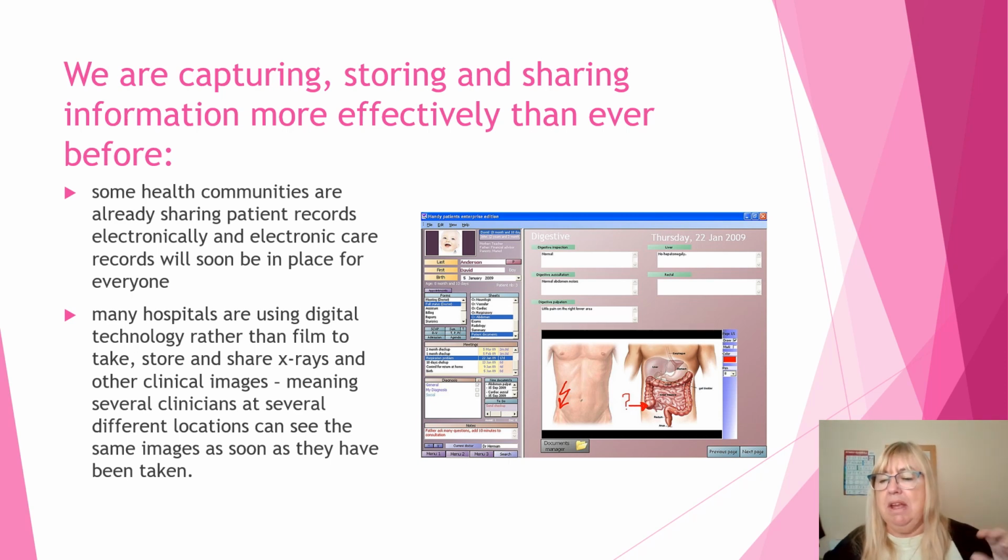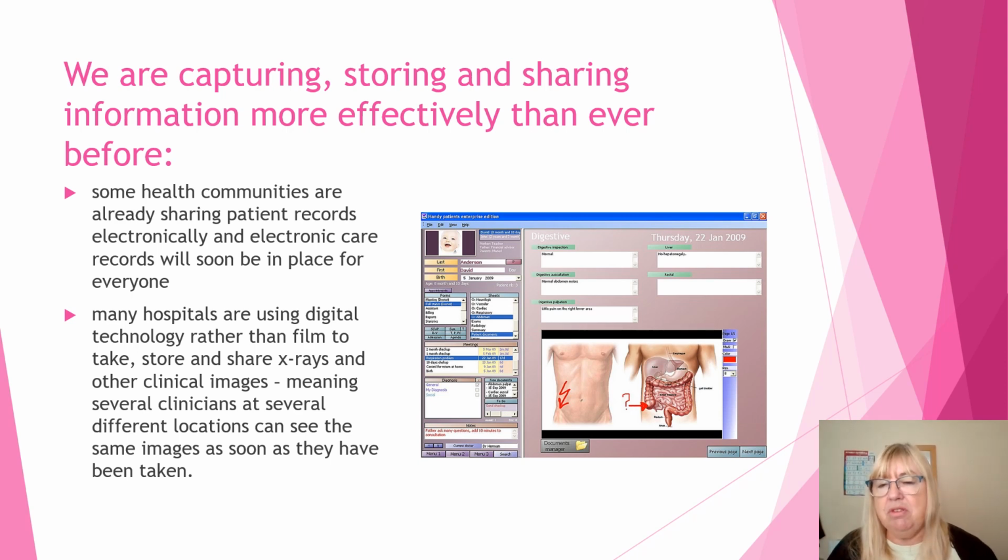They used to be stored, if anyone's ever seen an old X-ray, on big plastic sheets, and they used to have to keep them in files in a sort of library effect, really. But it means now that if they're online and they're shared images, then the GP and a consultant could bring in another consultant, and they can be having a discussion across the country about this image and discuss a treatment plan together.